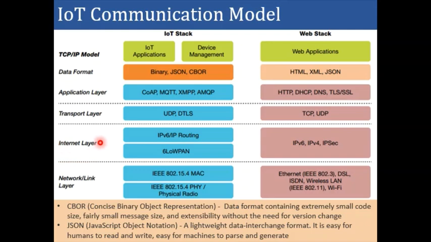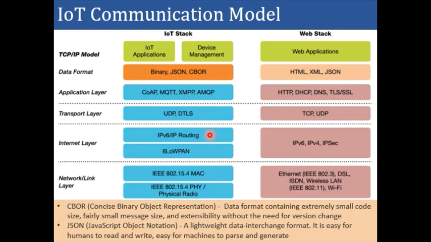Now, when you talk about the internet layer, since the standard IPv6 routing layer cannot understand the IEEE 802.15.4, we utilize 6LoWPAN as a sublayer in the internet layer, which acts as an interface between the IPv6 routing layer and the IEEE 802.15.4 MAC sublayer.